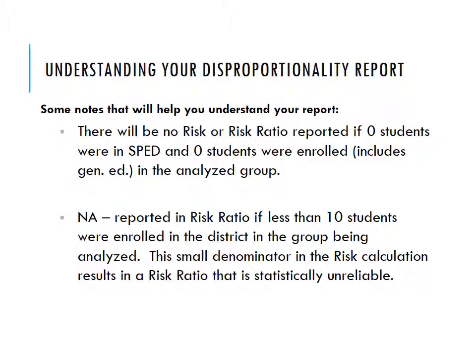That simply means that the overall population of students in that category, special education and general education, was less than 10, and so we were not able to use those numbers in order to make a statistically reliable calculation. And so we've noted that with an NA.